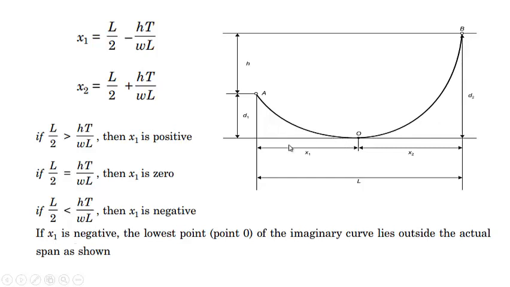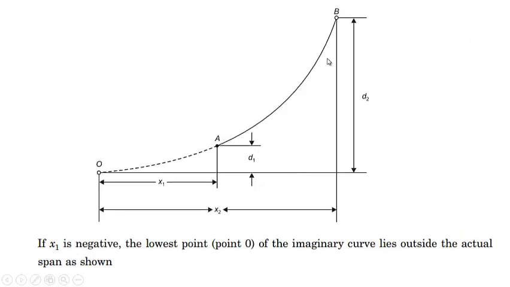That means this origin may be to the left of this support A, and actually it will not be there because the curve will change its trajectory after this point. But we can assume an imaginary part of this curve that might have this origin if we extend this curve to this side, and it will be to the left side of this support A. So that's what is written over here. If x1 is negative, then the lowest point O of the imaginary curve lies outside the actual span as shown.